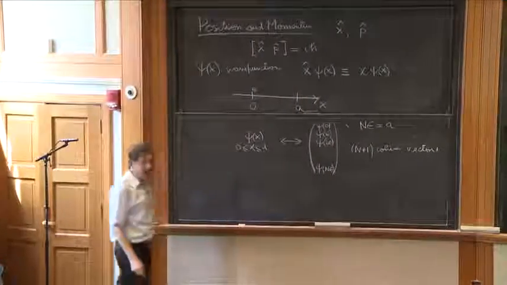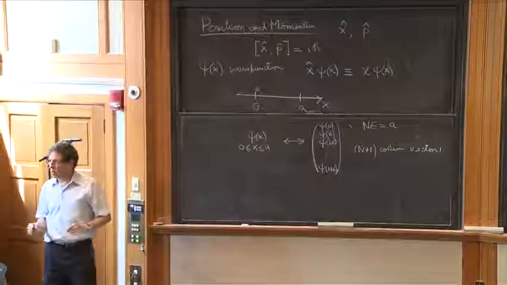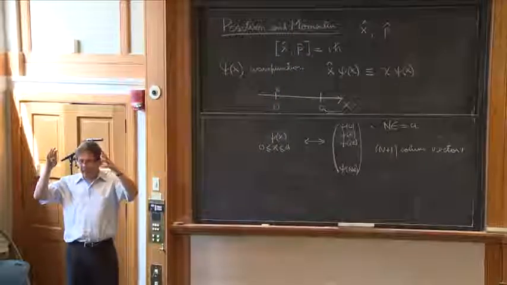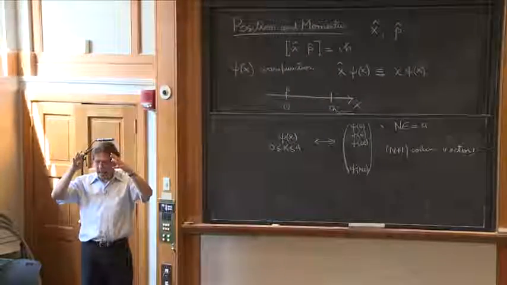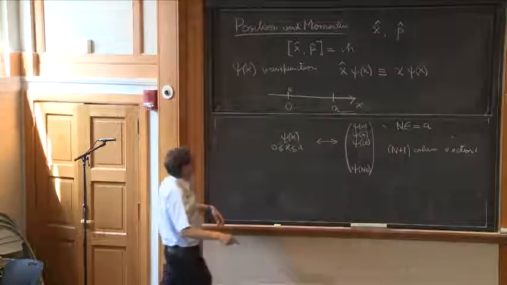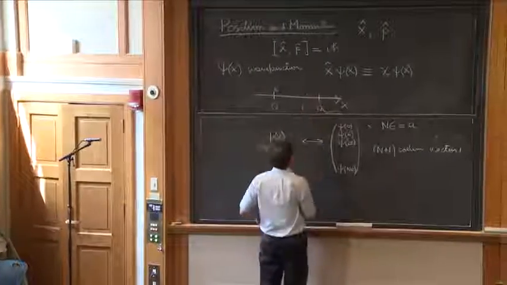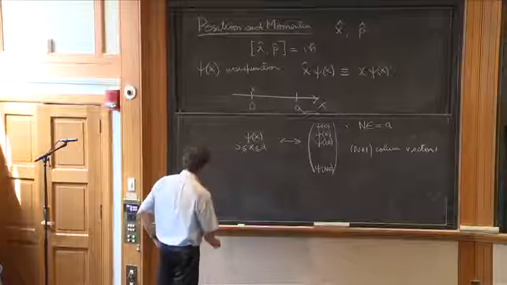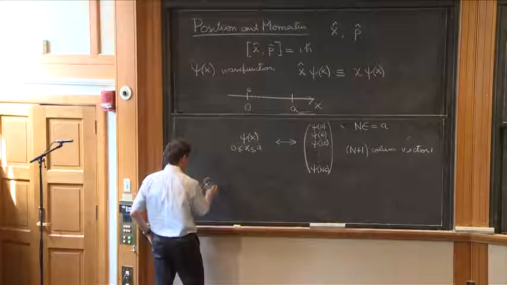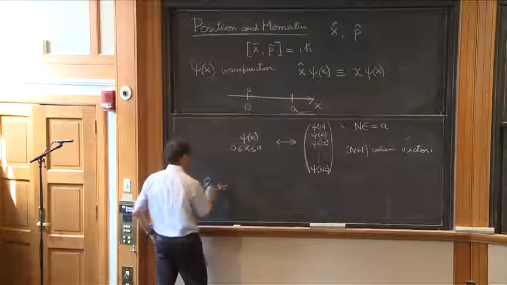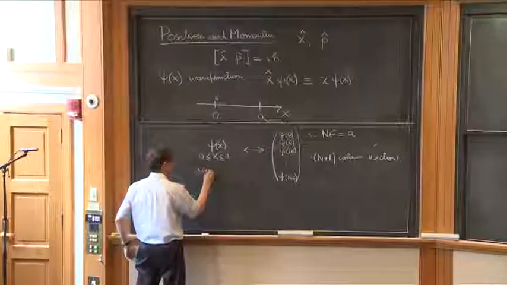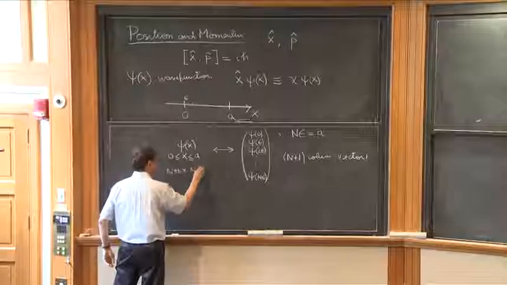In this way of thinking about the wave function, we can then ask, what does the matrix x hat look like? So x hat is an operator, and here is how it looks. We would think of x hat as an n plus 1 times n plus 1 matrix.